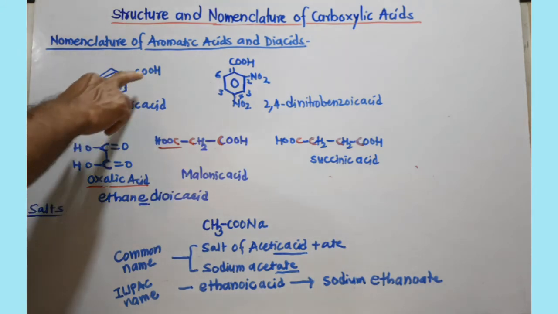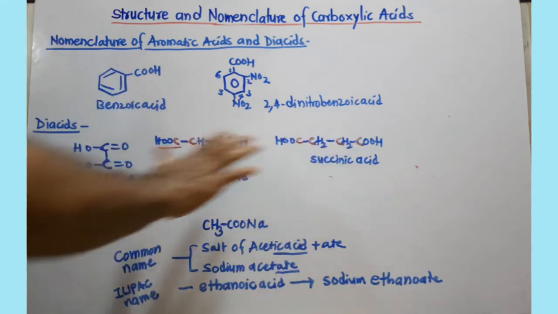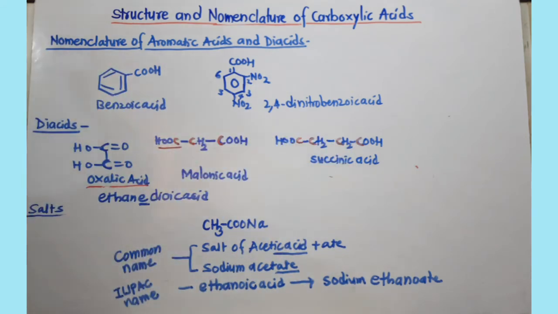Diacid means where two COOH, two carboxy groups, are present. You can see here three well-known, very popular diacids. The first diacid is oxalic acid, where two COOH groups are attached, and oxalic acid is a common name. You keep that common name which is very popular, but if you want to provide its IUPAC name, then you count the number of carbons present here.